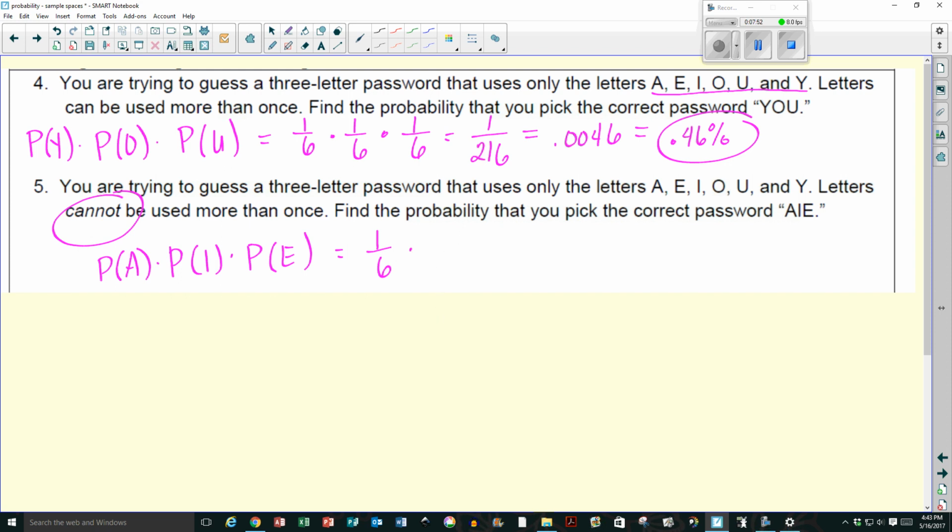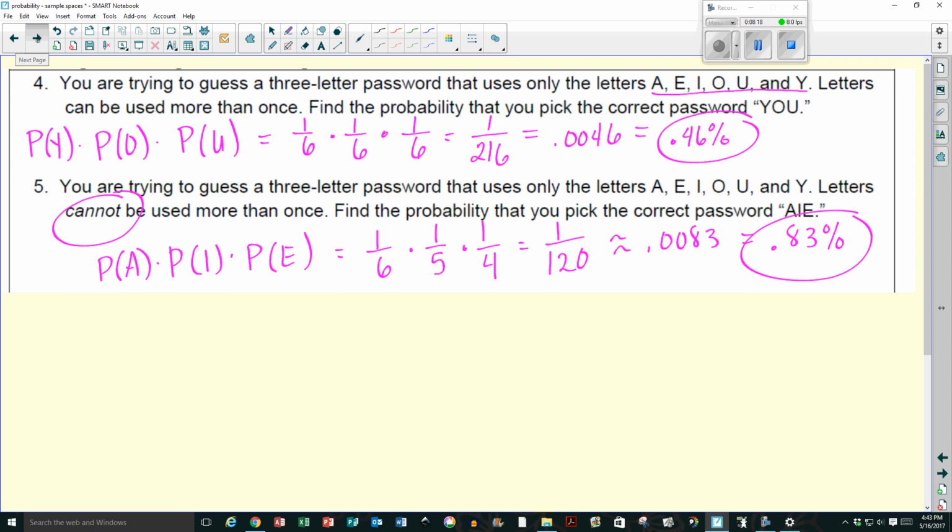So now the probability of an I is 1 out of 5, and the probability of E is 1 out of 4. Well, your chances are a little better because now it's 1 in 120, which is about 0.0083, or almost a 1% chance of guessing the right letters if you can't replace them.